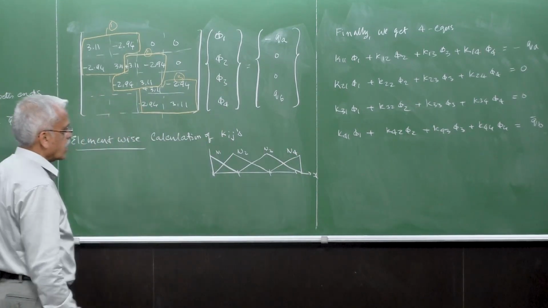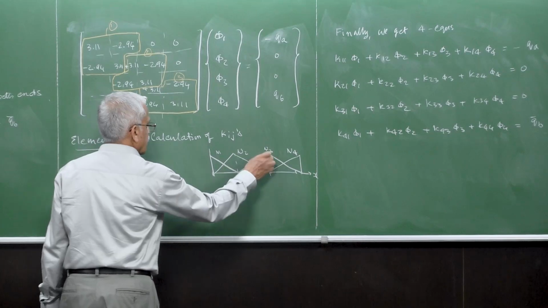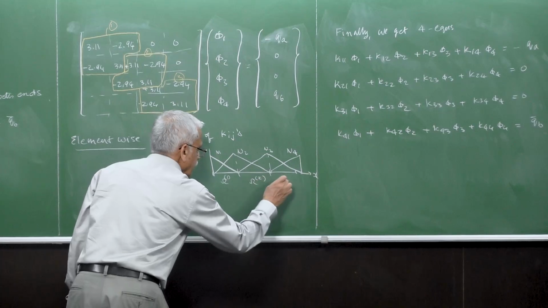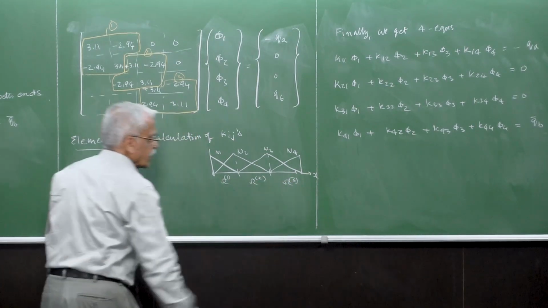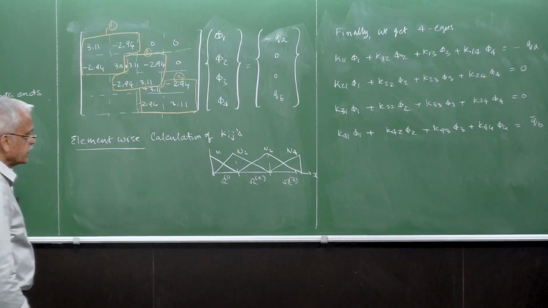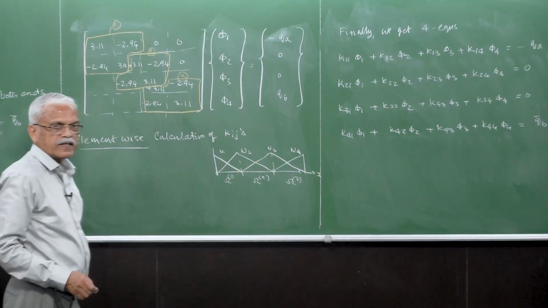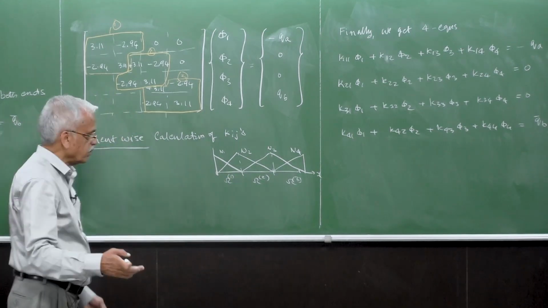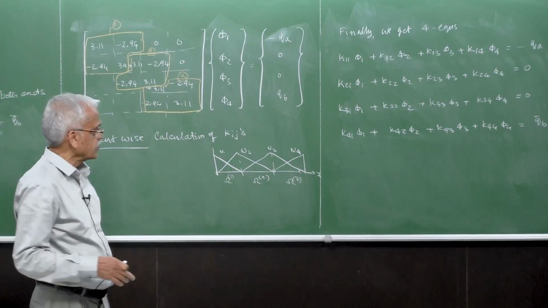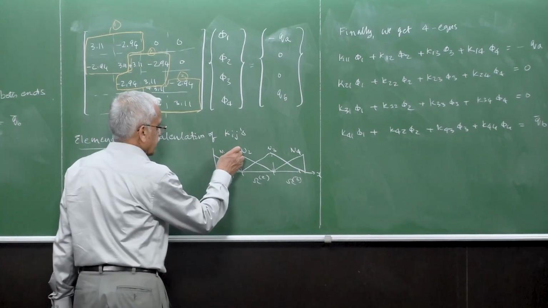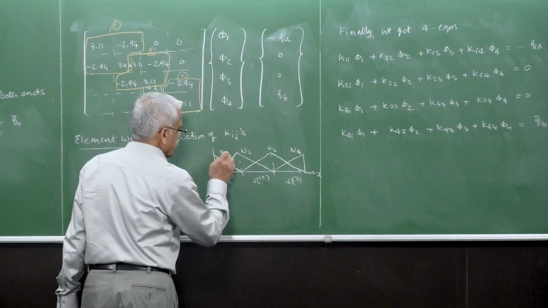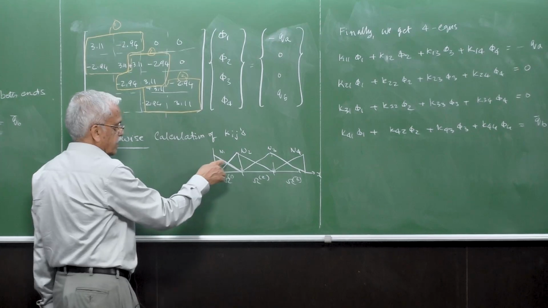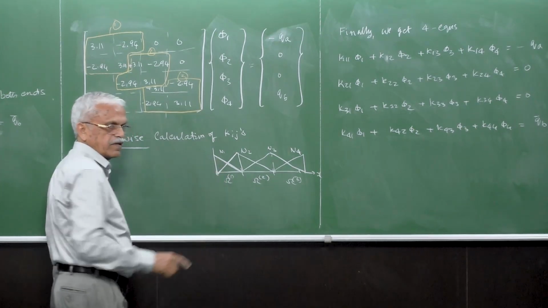Okay, so these are the shape functions. If you go by the element contribution of element 1, for example, element 1 will contribute to those integrals only for these two functions, n1 and n2, right? n1 and n2 are non-zero only in element 1.